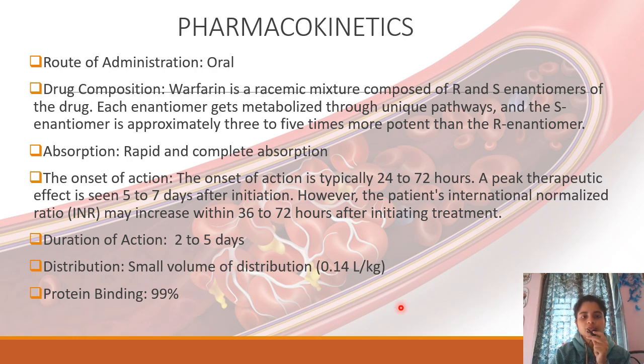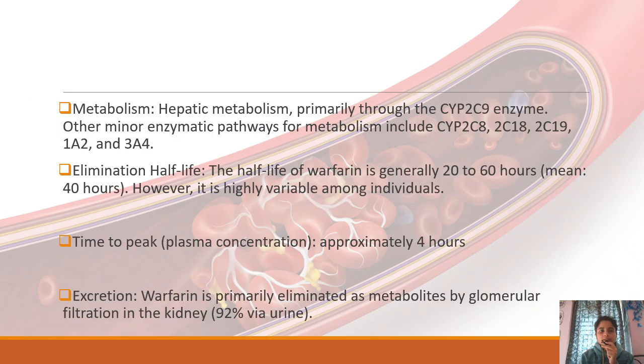Distribution: there is a small volume of distribution, and protein binding is around 99%. Therefore, its duration of action is longer, because protein binding is high. Then metabolism: it gets metabolized by various liver enzymes.